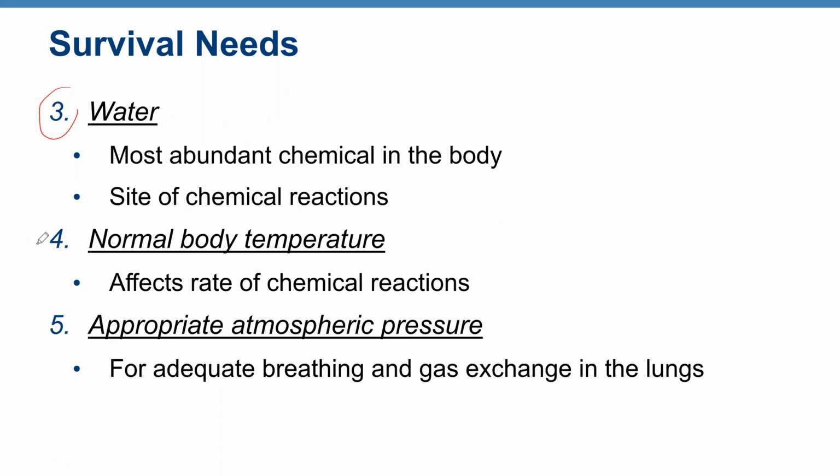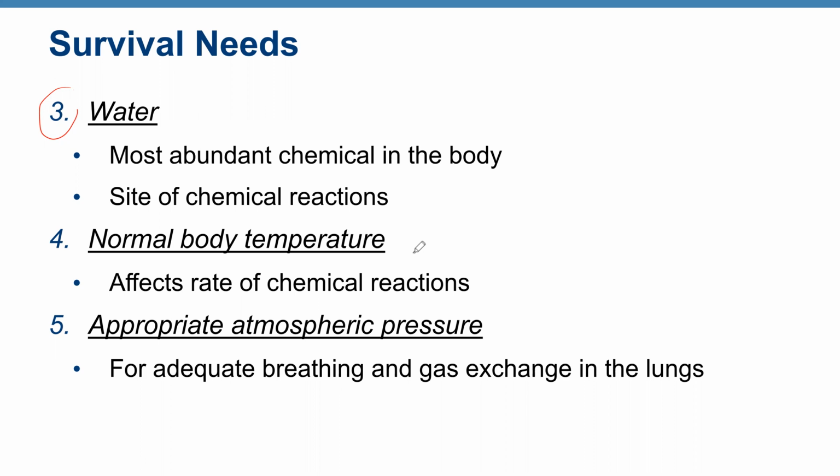You also need normal body temperature. Temperature affects rate of chemical reaction. Actually, when temperature goes up too high, that will cause denaturation of very important enzymes and proteins in your body. And when those enzymes and proteins are damaged, when they lose their shape, all chemical reactions will shut down.